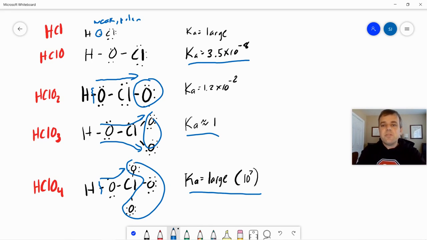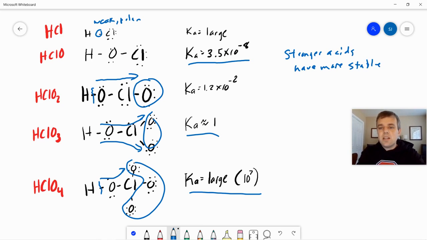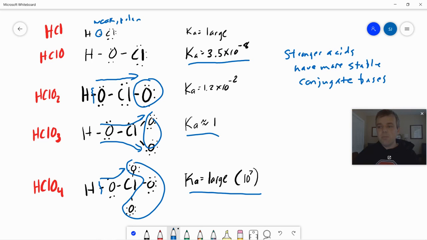So the other part to this is that stronger acids have more stable conjugate bases that are quite electronegative and can handle that excess of negative charge that builds up on them.